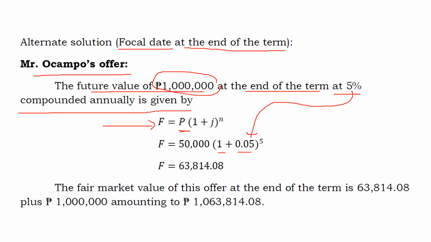Upon simplifying, your future value is equal to 63,814.08 pesos.